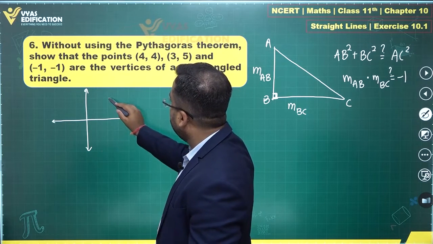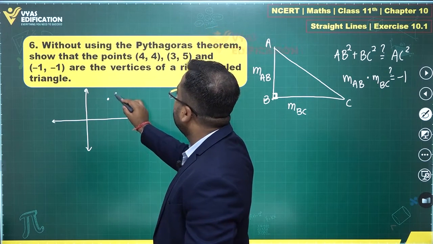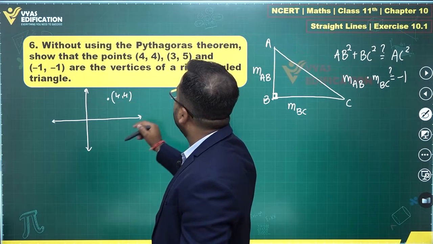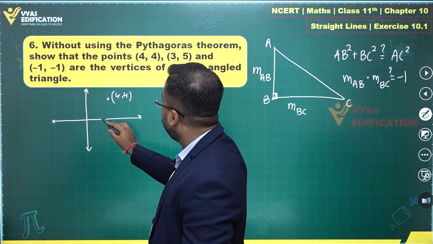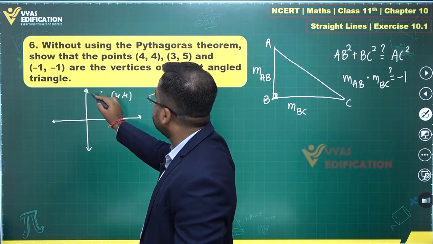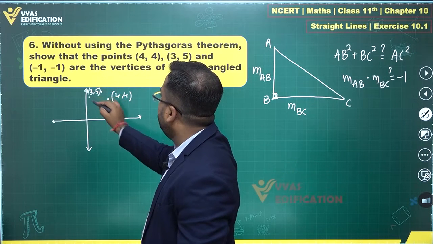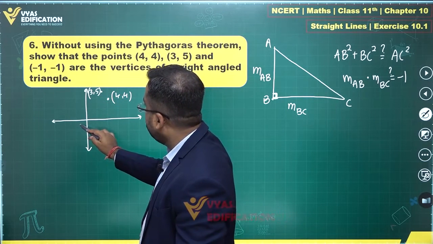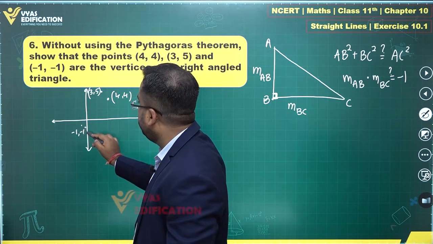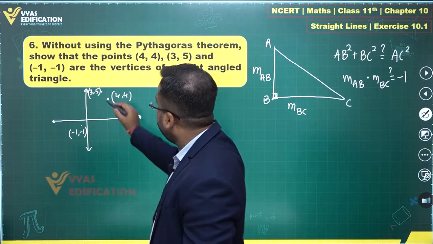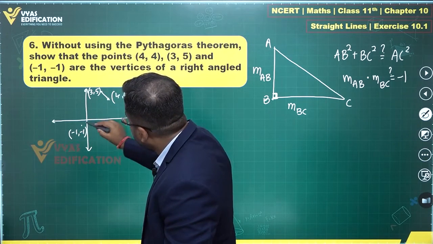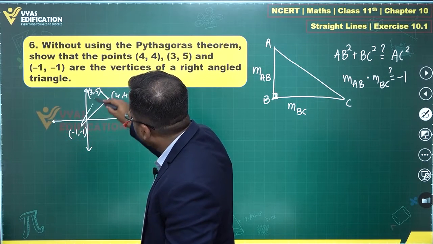This is 4, 4, which will lie somewhere here. Then you have 3, 5, which will lie somewhere here. And then you have -1, -1 will lie somewhere here. Pretty interesting, right?